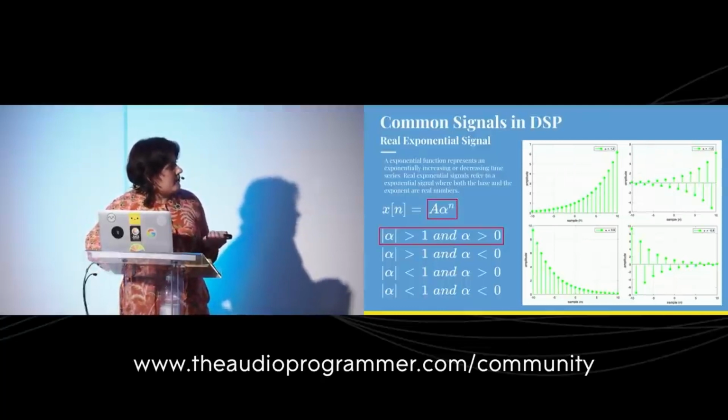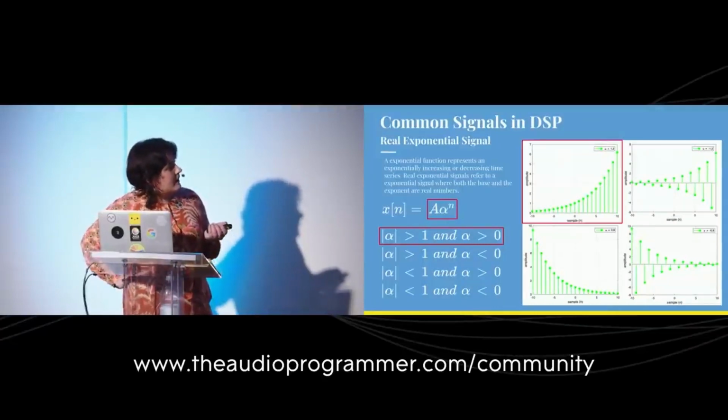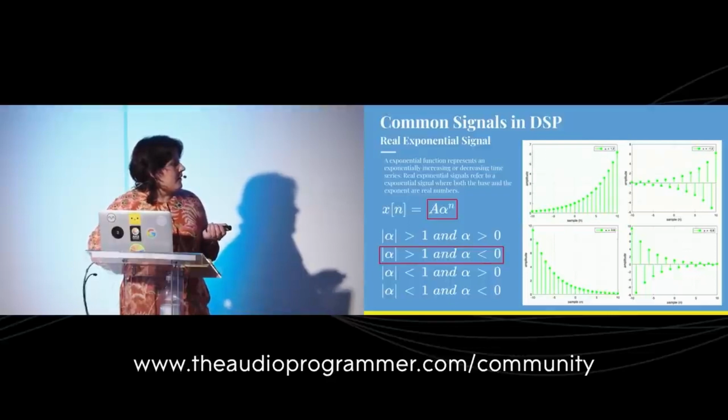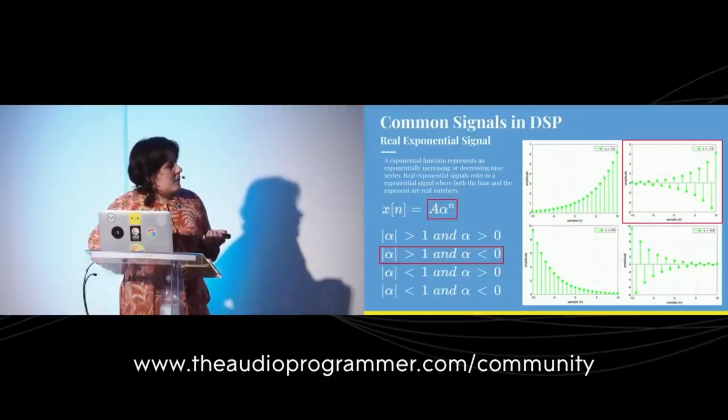we can see that when the mod of alpha is larger than 1 and alpha is positive, we get an increasing exponential. This is for a value of 1.2. We can also see that when the mod of alpha is larger than 1 and for a negative value, such as minus 1.2, we have this oscillating, increasing exponential.